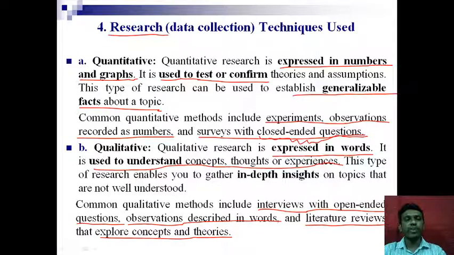Examples of quantitative research are lab experiments and observations in terms of numbers. Examples of qualitative research are surveys with open-ended questions, which do not have any options, interviews with people, or sometimes even observations recorded in words. With this we finish classification of research. In the next video lecture we shall begin with a new subtopic.